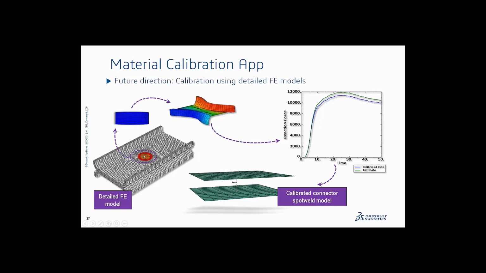So calibrate this, run it through the sequence of load scenarios, and then output some parameters so that we can replicate that behavior with a simplified, or at least more computationally efficient, representation for large-scale simulation. So that's a little peek ahead to the future direction of the material calibration app.